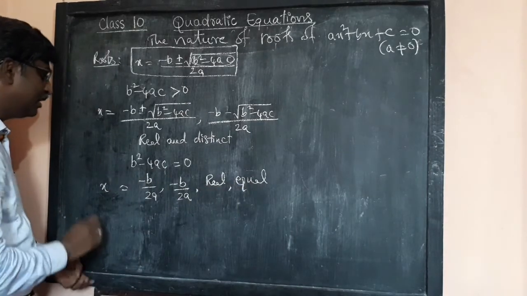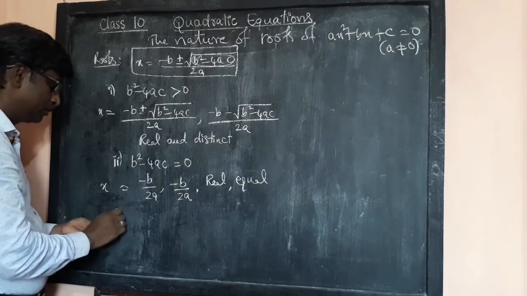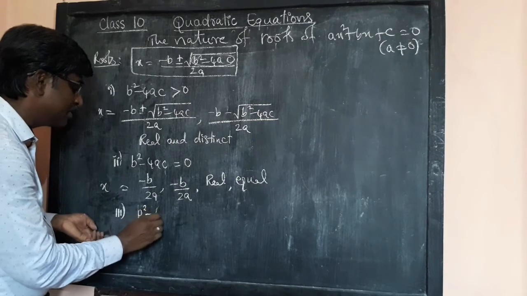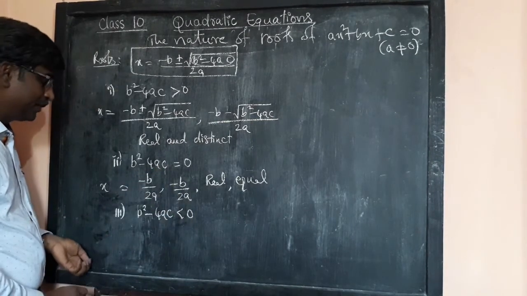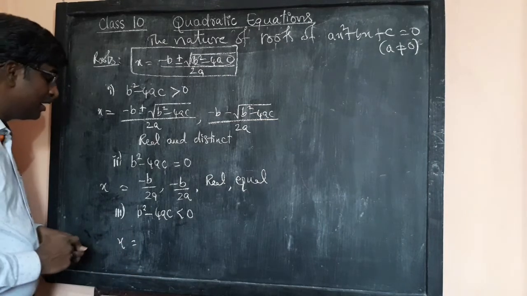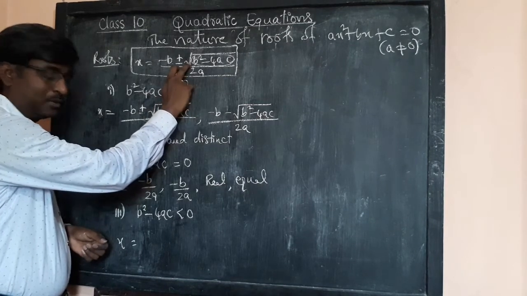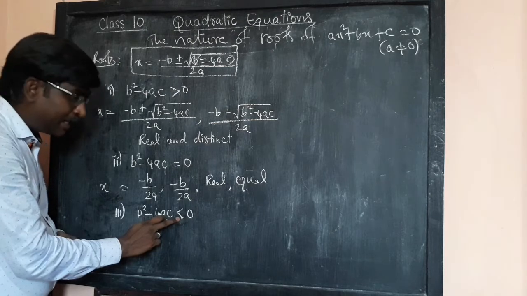Now observe the third case. In the third case, when b square minus 4ac value is less than 0, then what is x? Here under this square root we can observe a negative value.